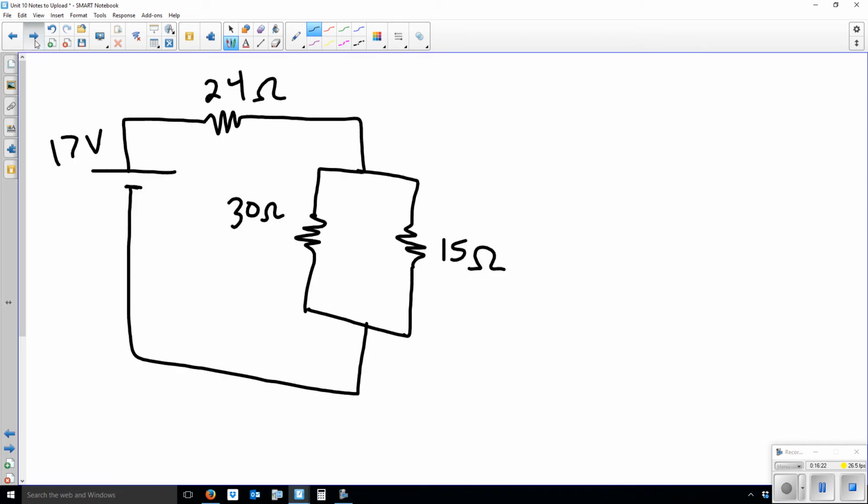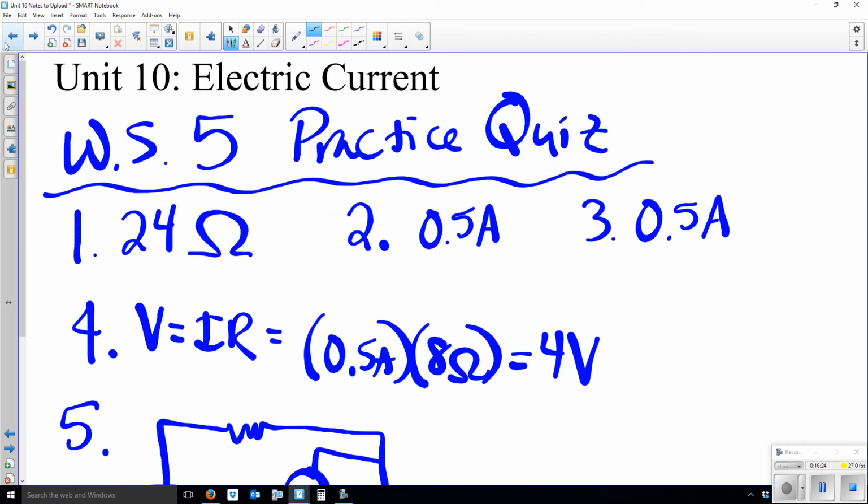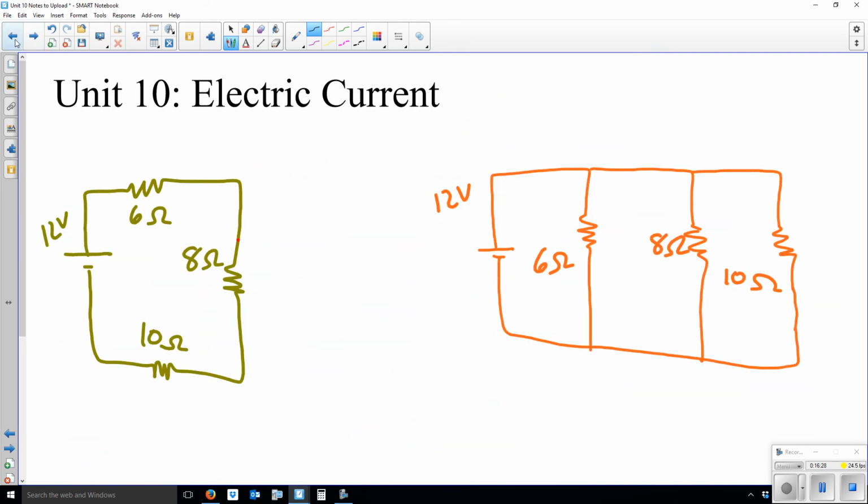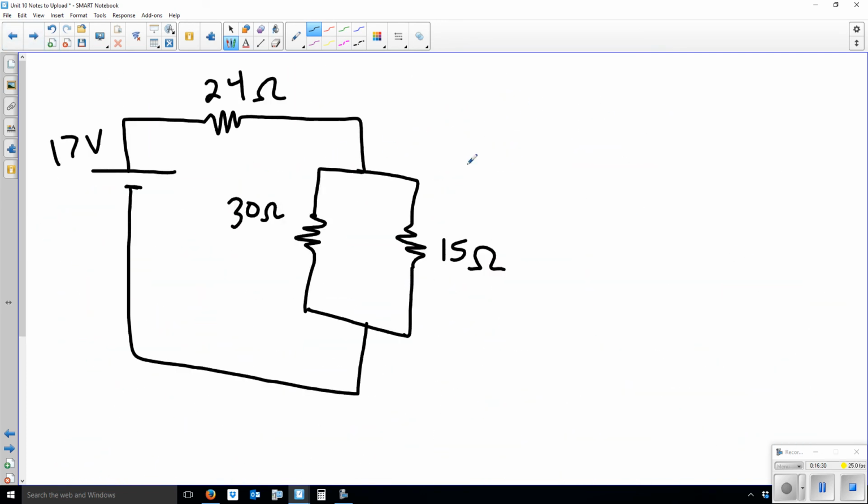But these now are combination circuits. So what you have to do is a lot of the same stuff, and we'll skip ahead to Kirchhoff's laws to address those. If you're going to get the total resistance, make sure that you combine pieces that are either in just series or just parallel first, and you're trying to make it all into one type.